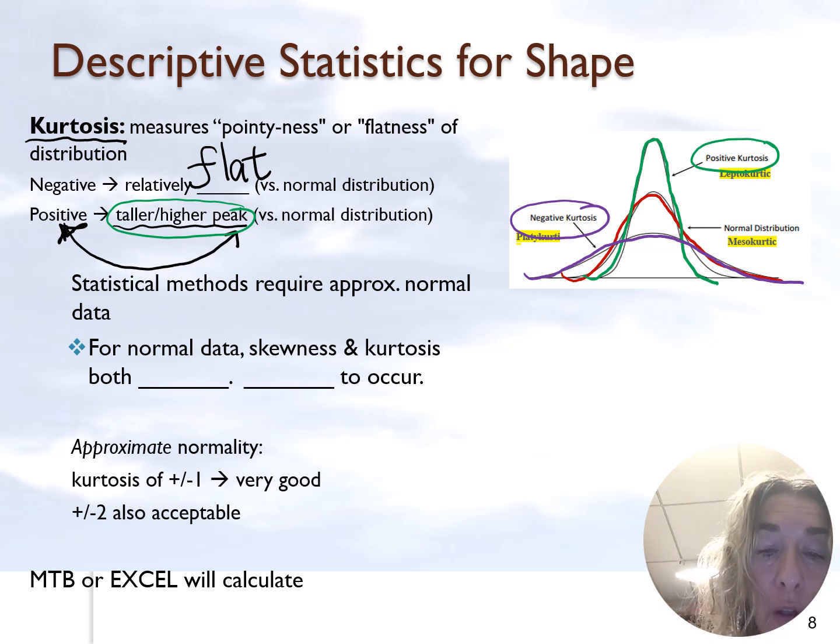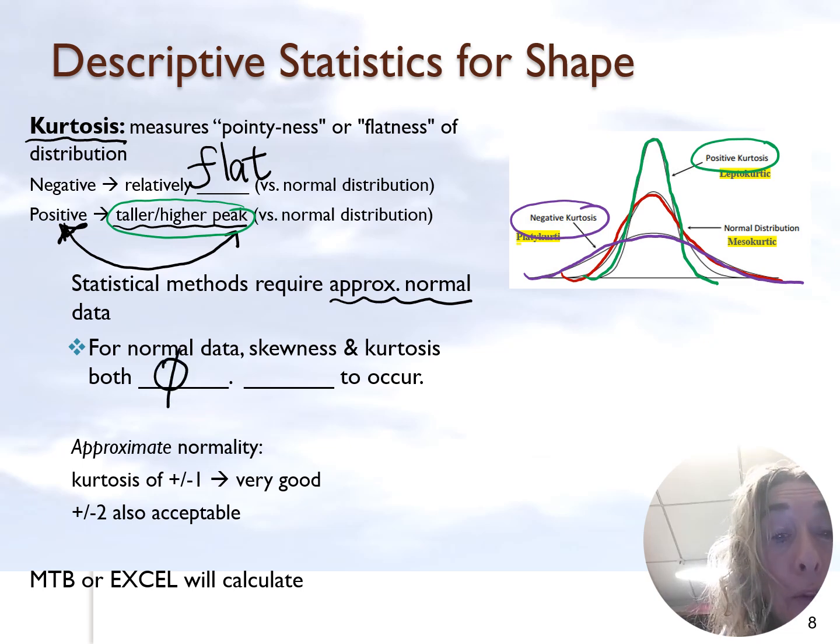Why is all of this important? Well, because the statistical methods that we're going to use in this course, or in other courses you're going to encounter, often require approximately normal data or approximately normal distributions. Now, for perfectly normal data, both the skewness and the kurtosis values will each be equal to 0.